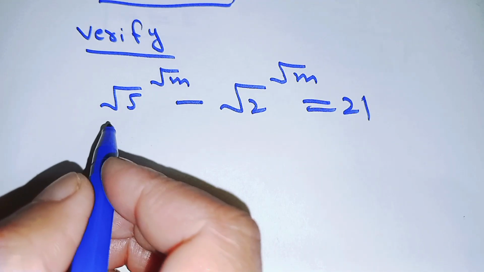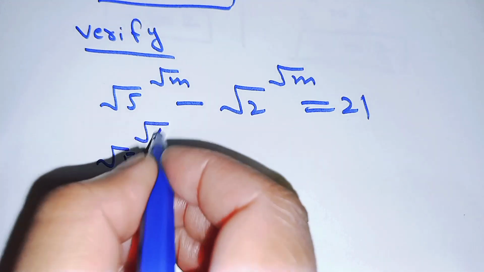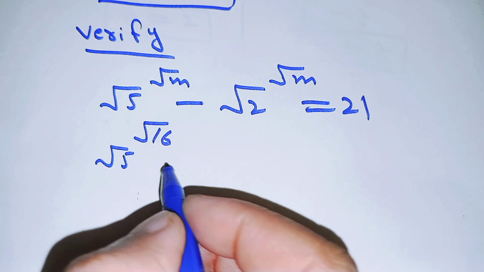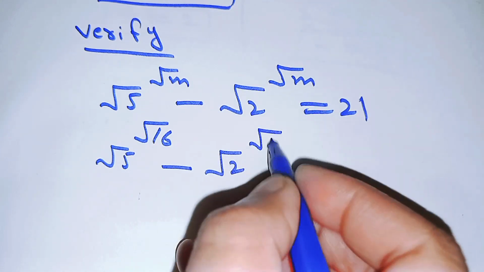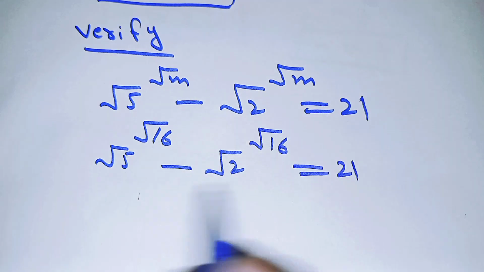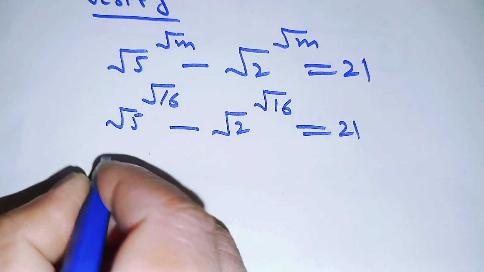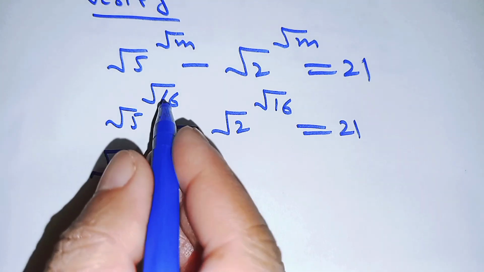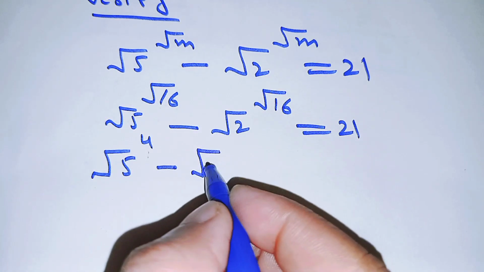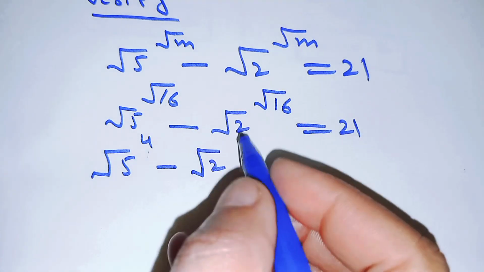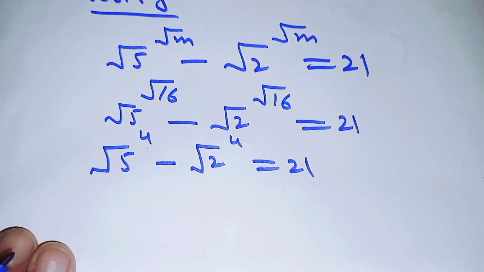So the square root of 5 to the power of the square root of 16, minus the square root of 2 to the power of the square root of 16, is equal to 21. The square root of 16 can be written as 4, so we have the square root of 5 to the power of 4, minus the square root of 2 to the power of 4, is equal to 21.